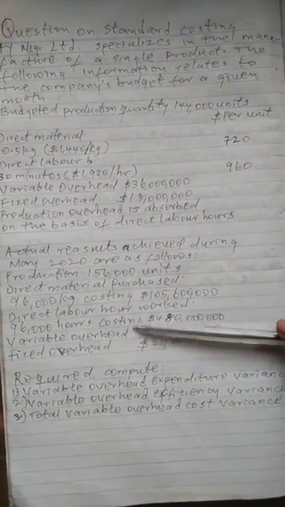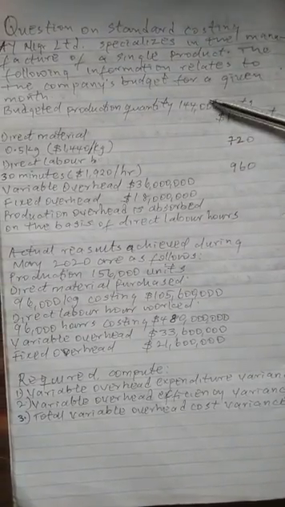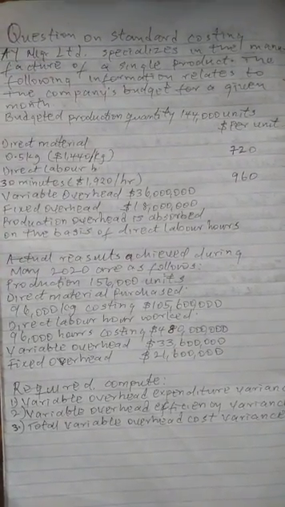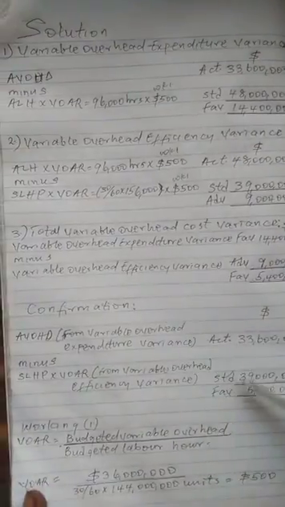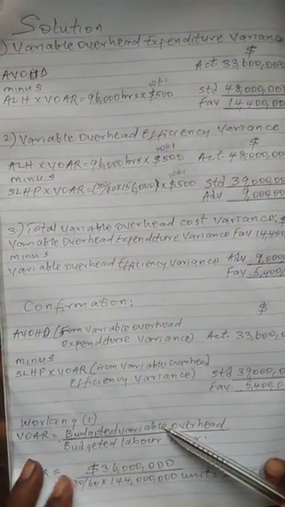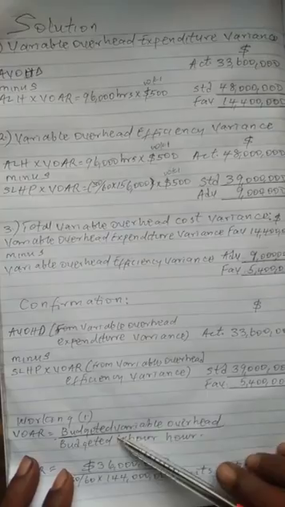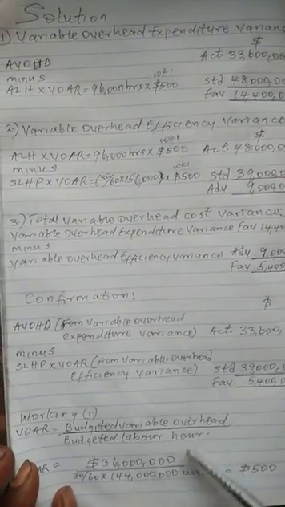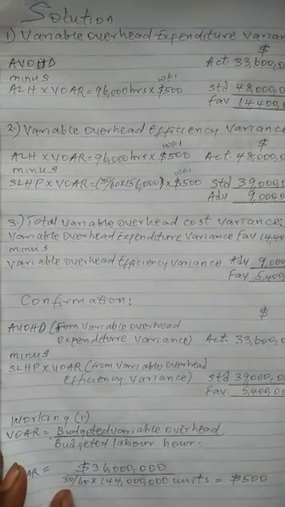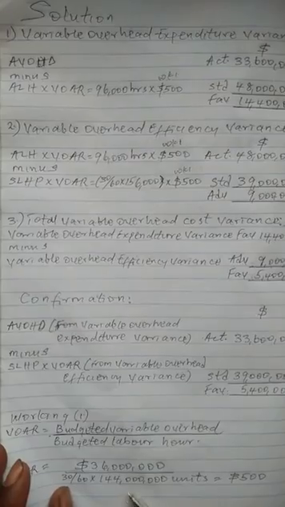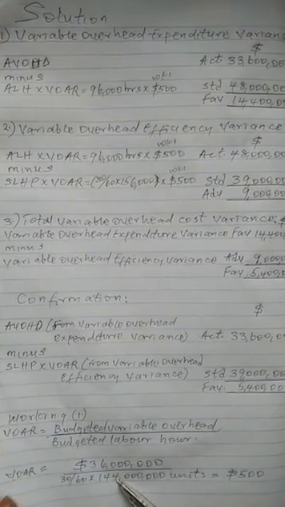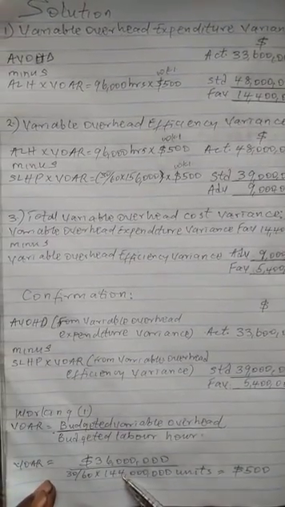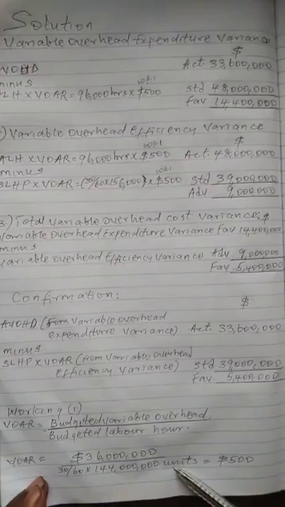Don't go to the actual, because it is a predetermined rate. Right? So you get the budgeted variable overhead, and the budgeted labor hour, you must also get from the budgeted aspect of the question. They predetermined to produce 144 units.